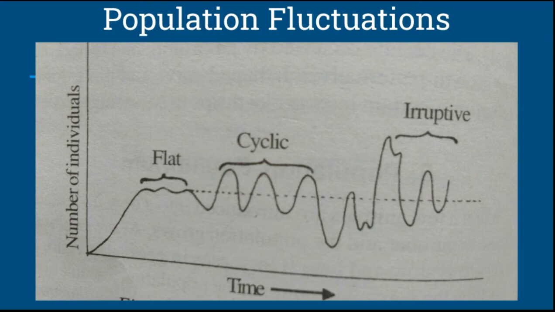If these changes are small and negligible, the population curve is said to be flat. If the changes are larger and regular, the curve is said to be cyclic. You can see the same curve in cyclic form.